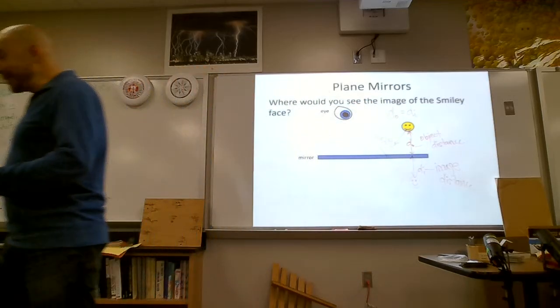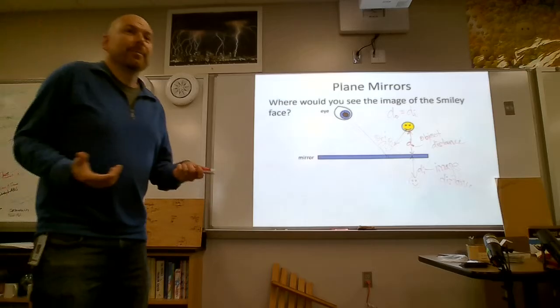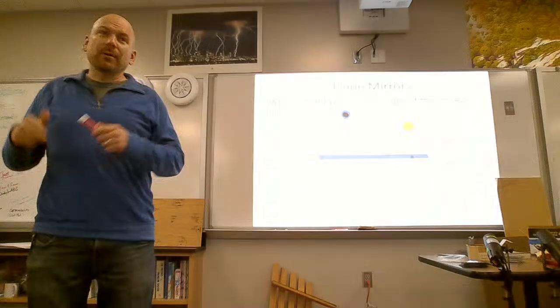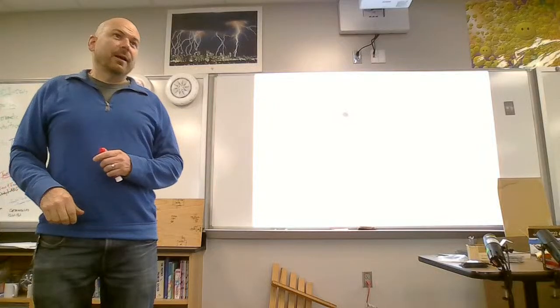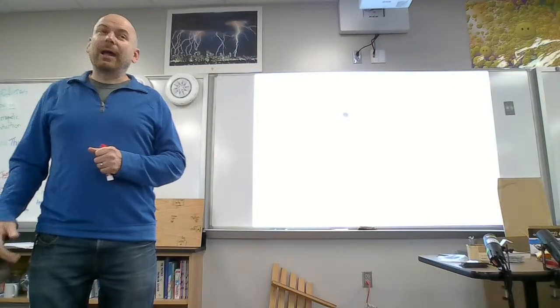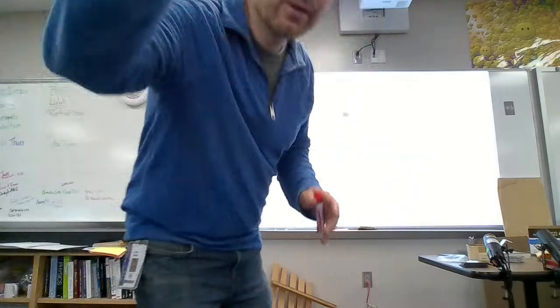In a plane mirror, your object distance equals your image distance. We see that demonstrated all the time, anytime you look in a mirror. But it's humorous when you stick a mirror in front of a baby or a puppy and they think they see another baby or puppy, and they want to go touch it.